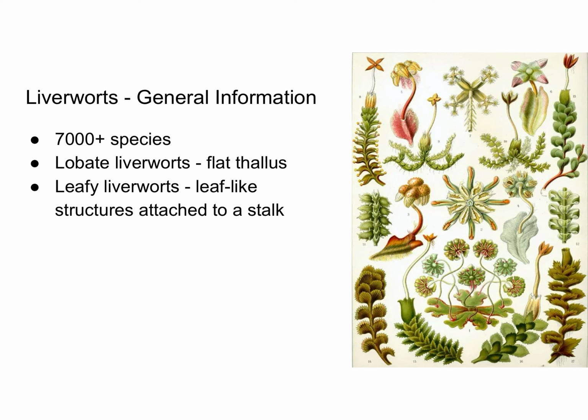The lobate liverworts have a flat thallus, and you can see an example of that on these specimens right here in this picture. So this flat area here would be the lobate thallus. And liverworts actually got their name from these lobate liverworts because livers have lobes, and so it looks like the lobes of a liver.